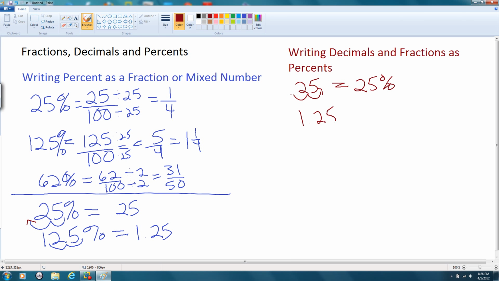With 1.25, I'm going to move it 1, 2 to the right, and I'm going to get 125%.